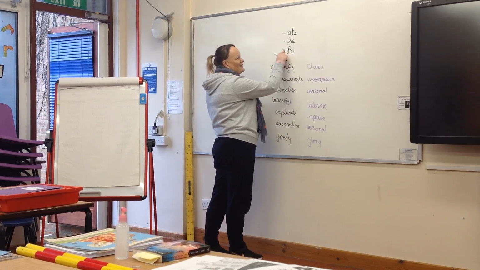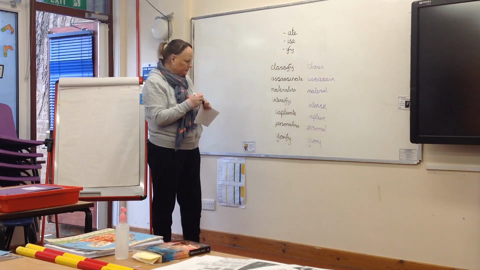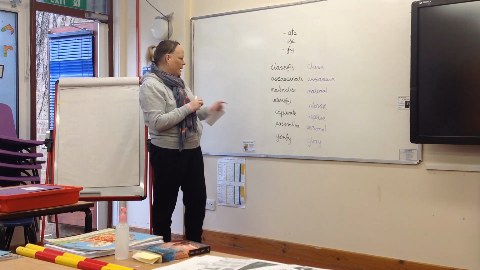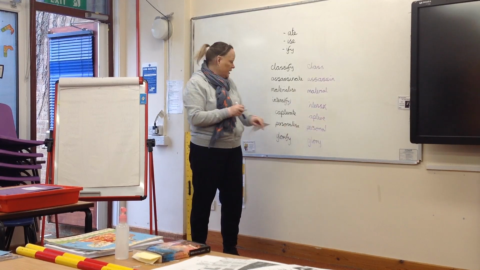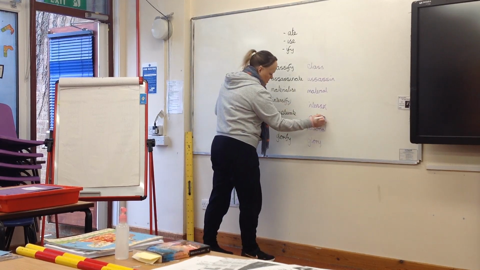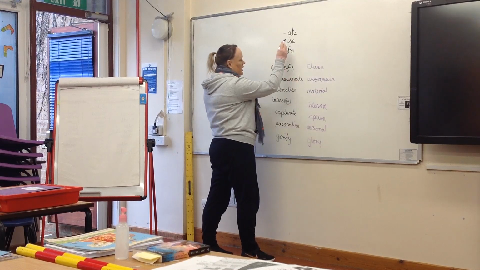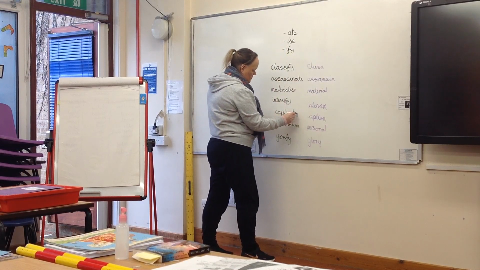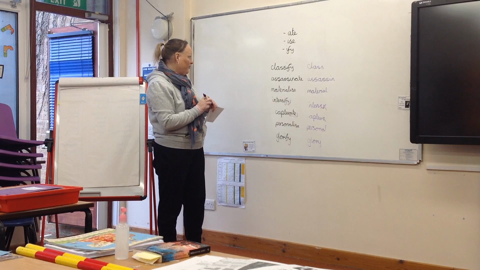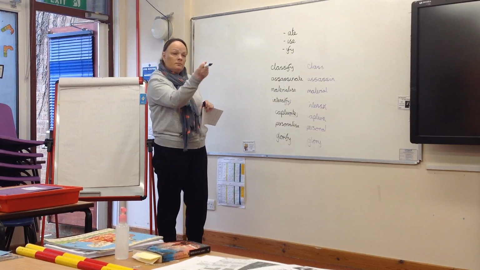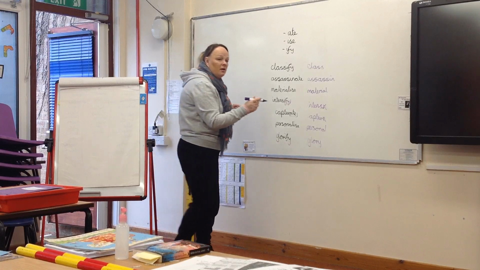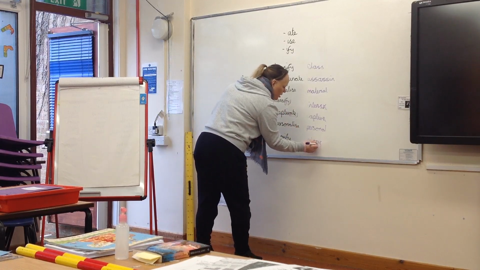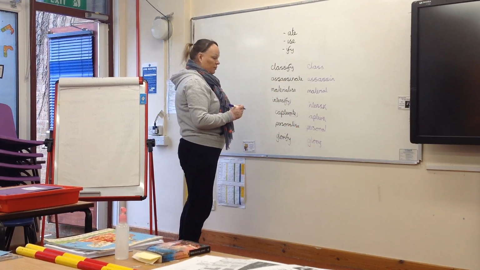Because remember, that is a suffix on its own, okay? Any others? Captive? Same thing there? Yeah. You've taken off the e and you've added the ate there. And glorify? You've taken off the y, and I've got ify on the end there.